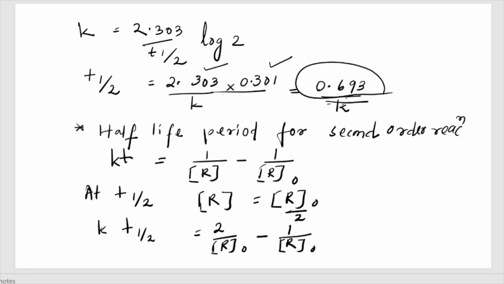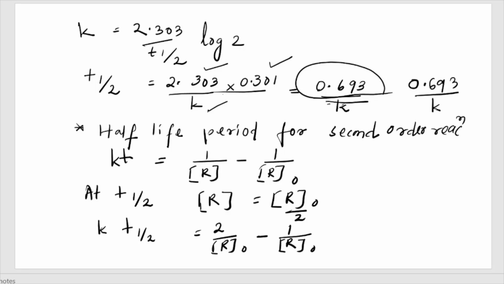Then T half equal to 0.693 by K. So after multiplying 2.303 into 0.301, the value comes to 0.693, and K is there, so put the value of K. So T half is 0.693 by K. What is K? The rate constant. What is the rate constant? The first order rate constant.